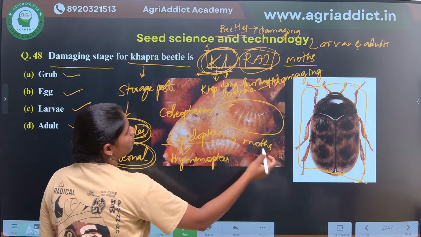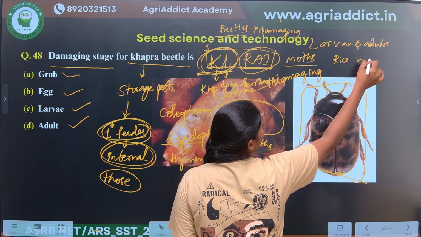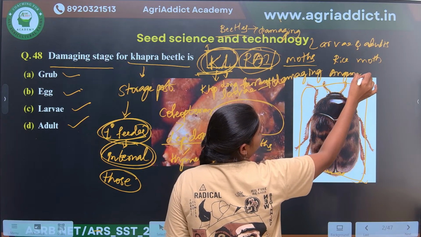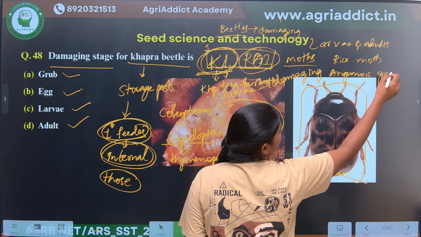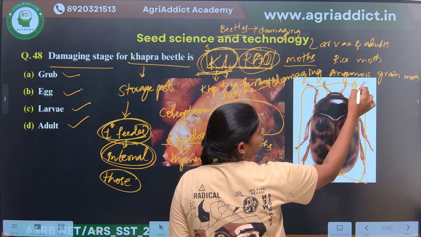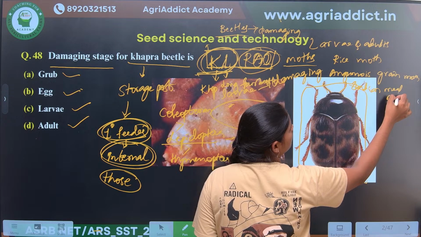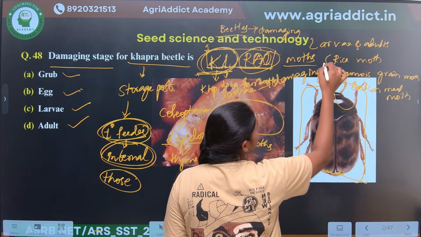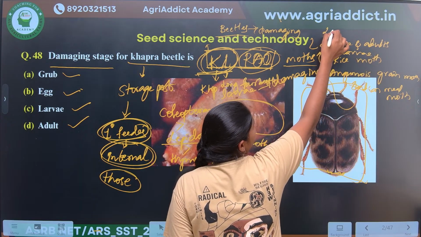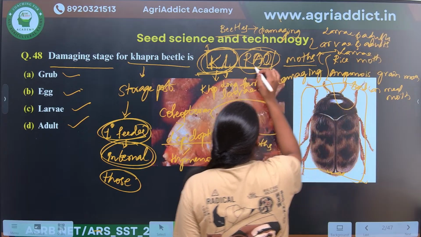Among these moths, 3 moths, that is rice moth, and A for Angoumois grain moth, and I for Indian meal moth, these 3 moths have a damaging stage of larvae, and all the other moths have a damaging stage of larvae and adult. Just remember this.